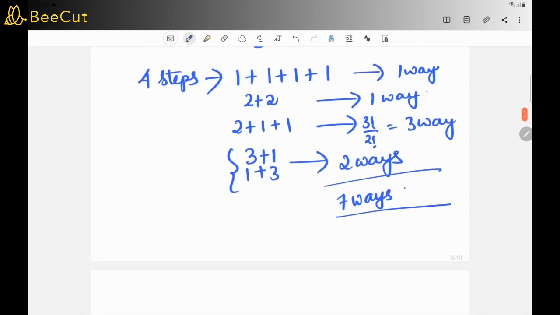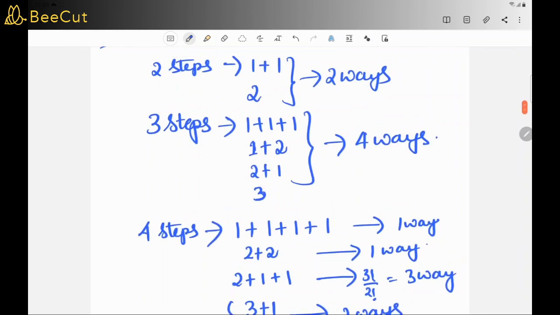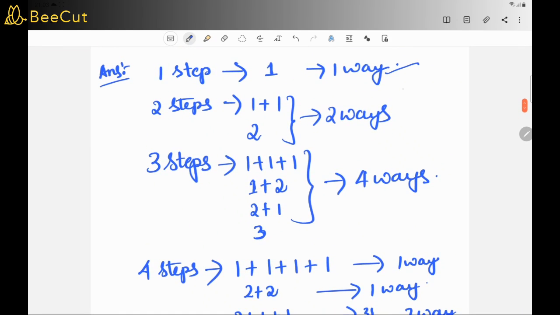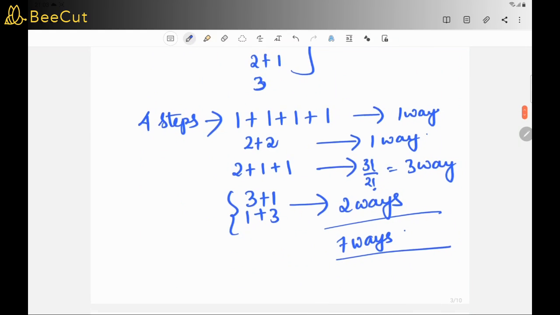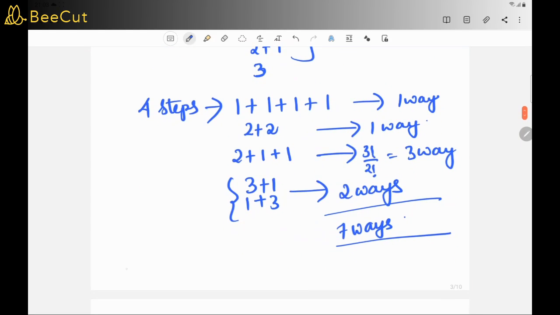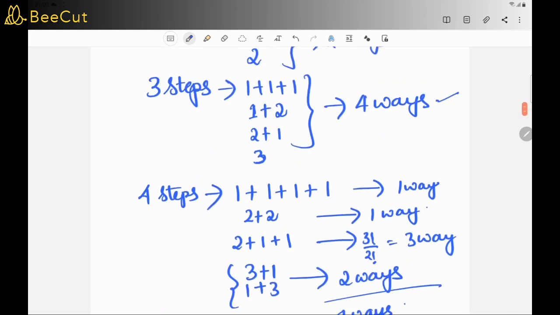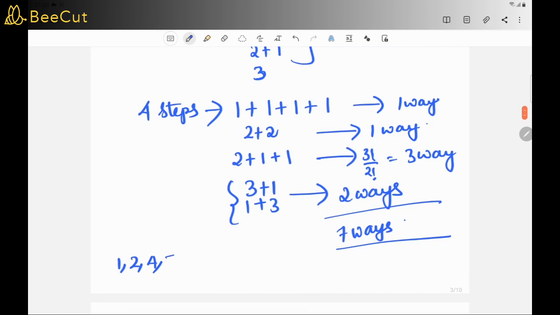So what was the series that is building up here? 1 followed by 2, then followed by 4, then followed by 7. So let us write it down here. 1 followed by 2 followed by 4 followed by 7. Now if we look at here, 7 is nothing but the summation of the 3 previous terms, that is 1, 2, 4.